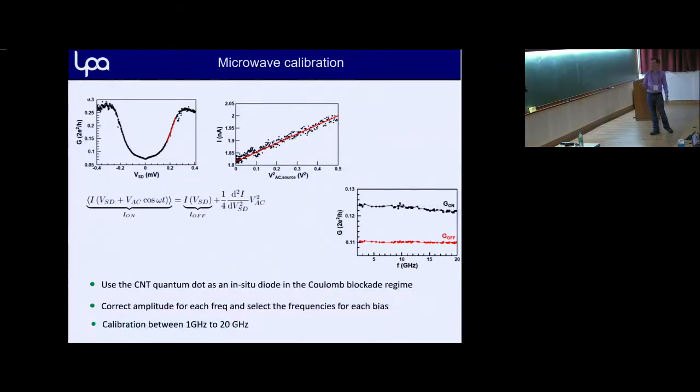If you do this on the wideband, the off state is when you shine no microwaves, and the on state is when you shine microwaves, and you see a pretty flat response on this side, where you don't expect any frequency dependent response. This allows us to do an independent calibration between 1 gigahertz and 20 gigahertz.